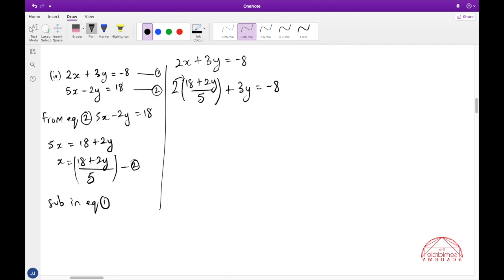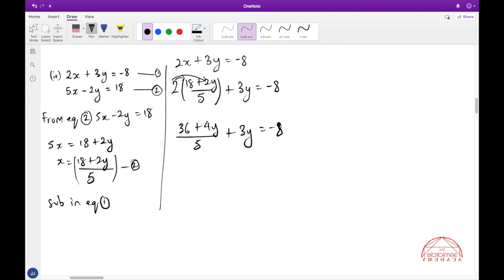The 2 by the numerator. So 18 times 2 gives us 36, plus 2 times 2 gives us 4y, all divided by 5, plus 3y is equal to negative 8. Because 5 cannot go into 36 or 4, I can't just cancel anything.